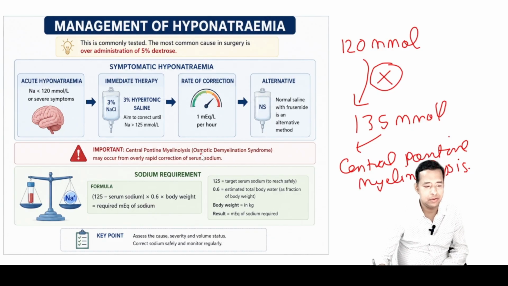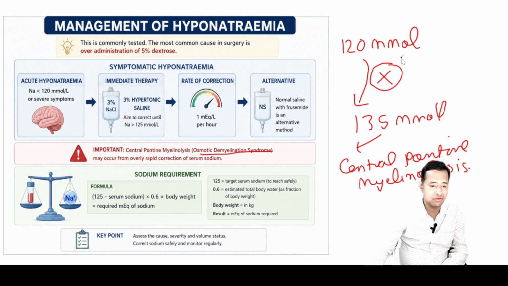This can be due to osmotic demyelination syndrome. It is not easy to reverse once the patient develops central pontine myelinolysis. So you should never correct rapidly from 120 to 135.